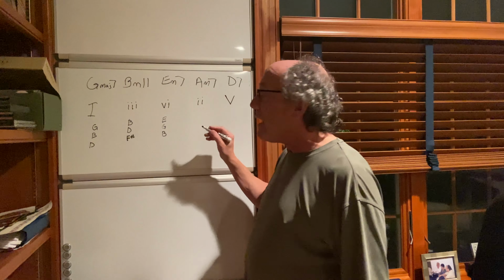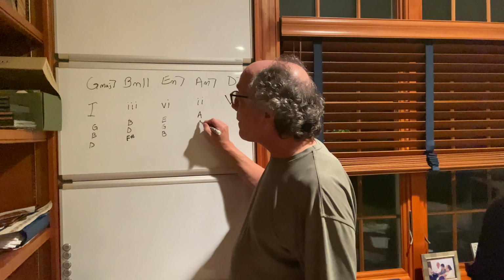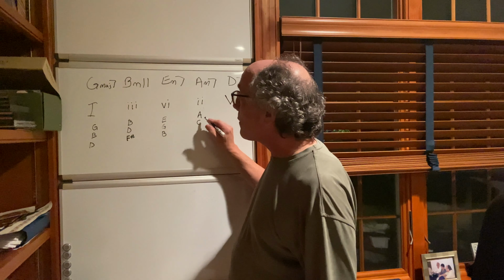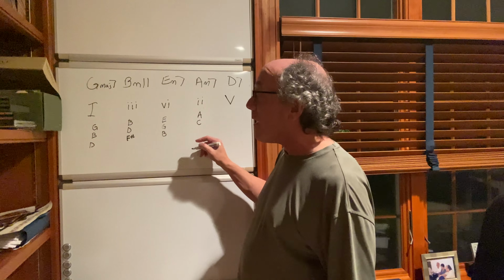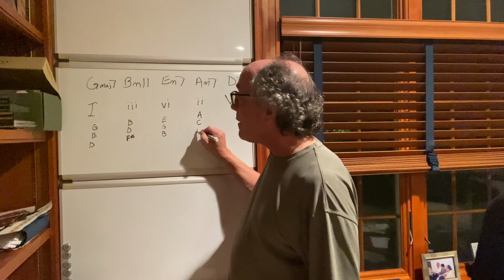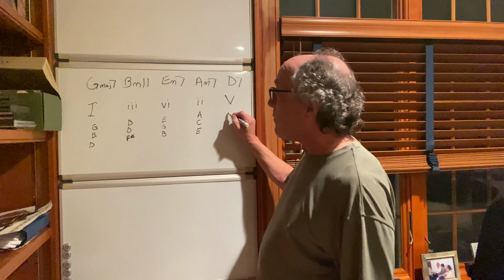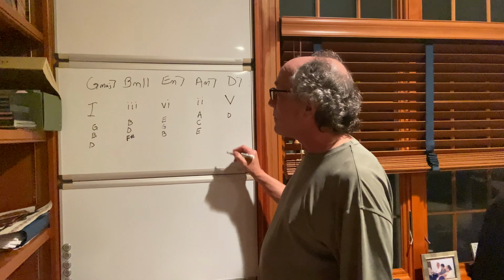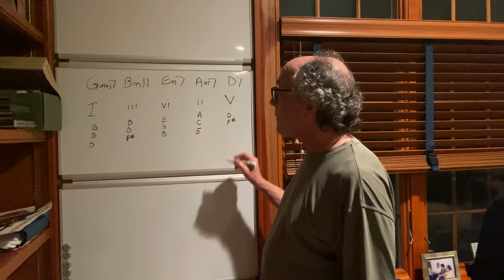In the case of the A minor 7, the 1, 3, and 5 would be A, C, A minor is a C, not a C sharp, and E. And then finally, that D is going to have a D, F sharp, and A.